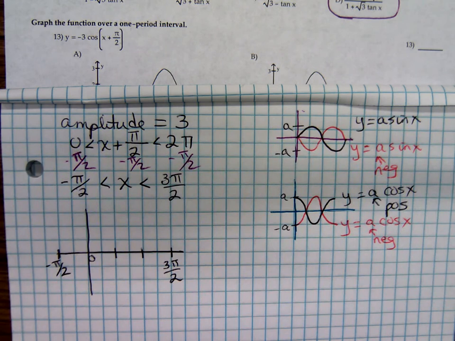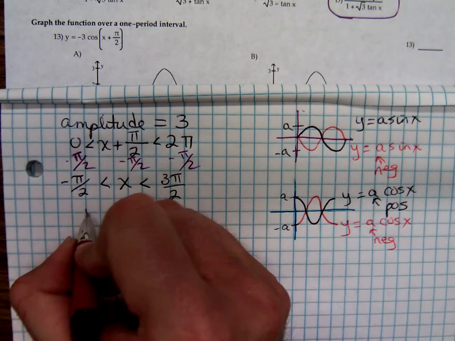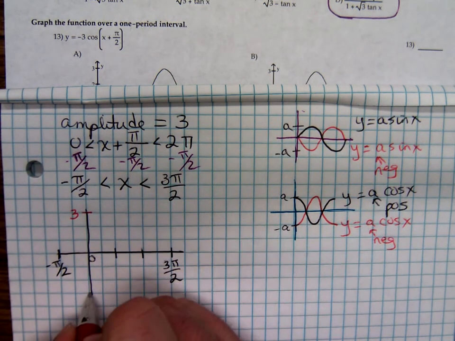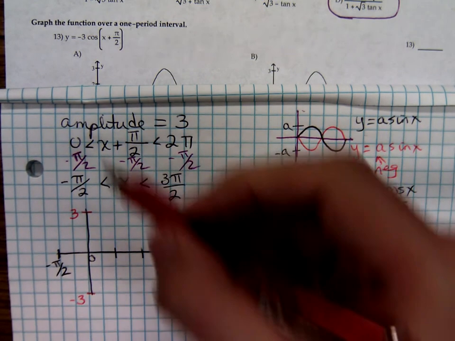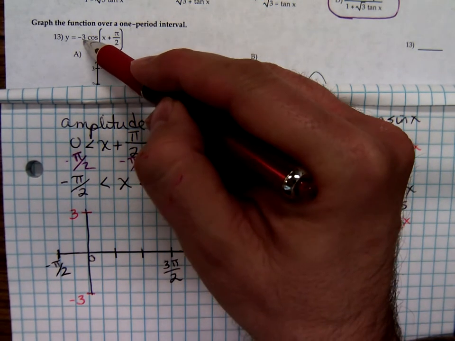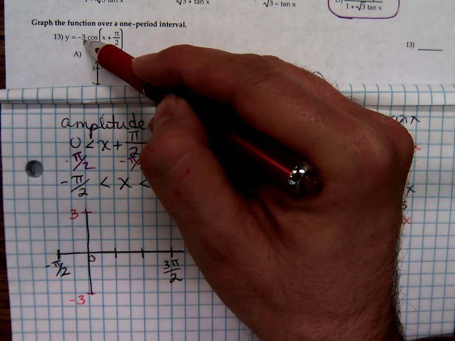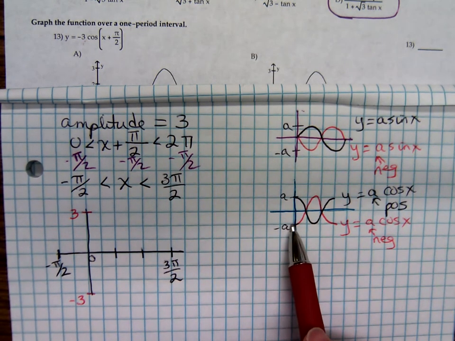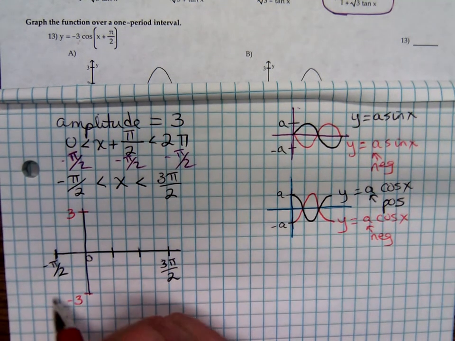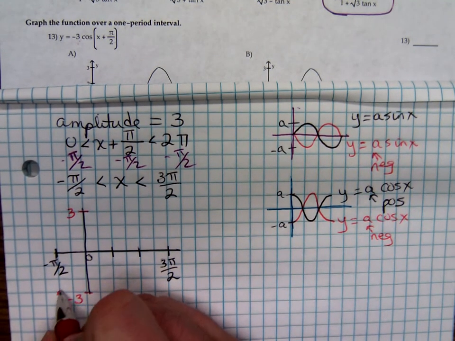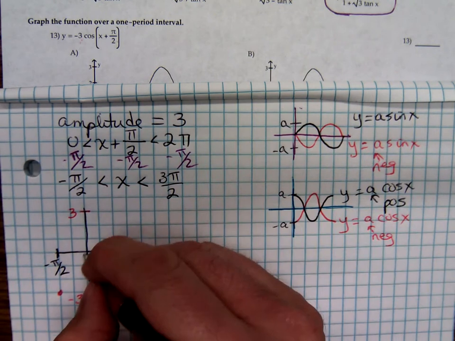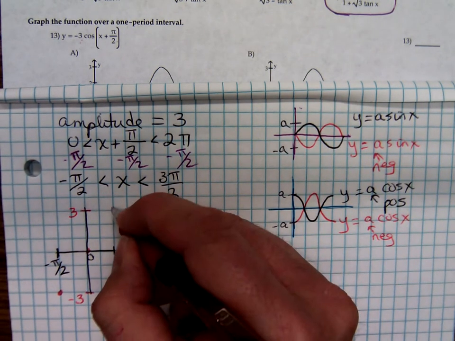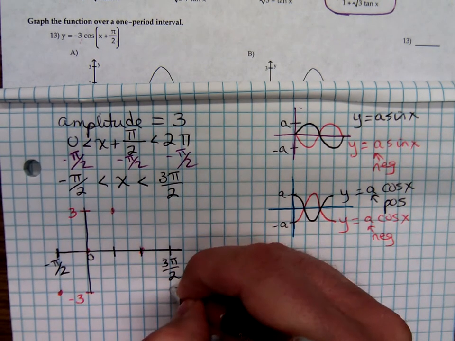What numbers, I should say. 3 and -3? How am I choosing those? The amplitude. And it's going to look like the red one, except instead of starting here on the y-axis, it starts at negative pi over 2. So just plotting the 5 key points: 1, 2, 3, 4, 5.